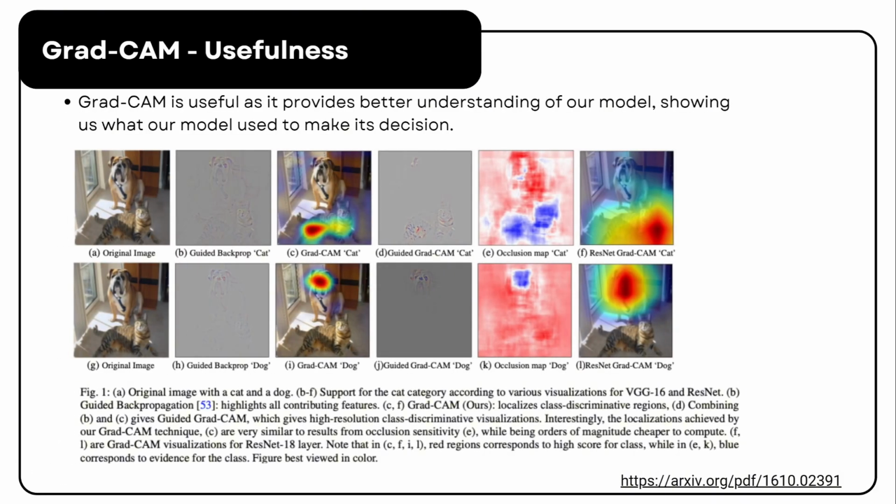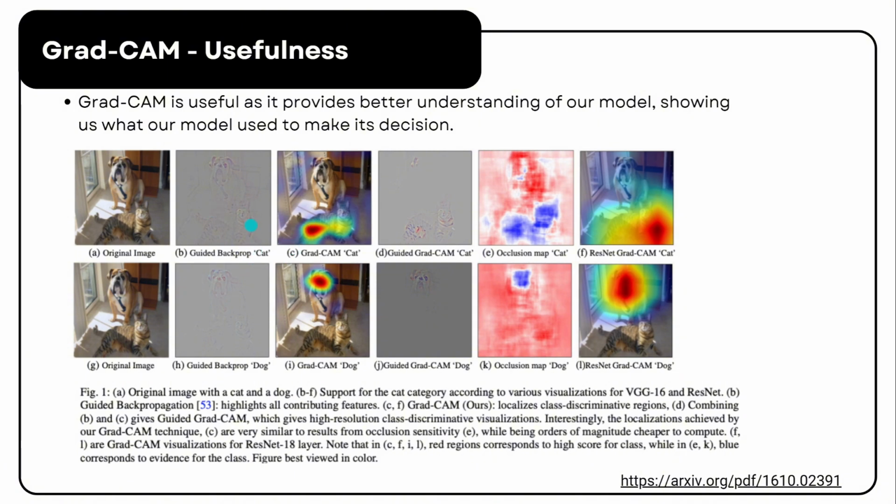Okay, let's take a closer look at some more examples of GradCam in action. These visualizations are taken directly from the original GradCam paper, which you can check out on the link here. These images demonstrate how the algorithm highlights the regions of the image that were most influential in the model's prediction.